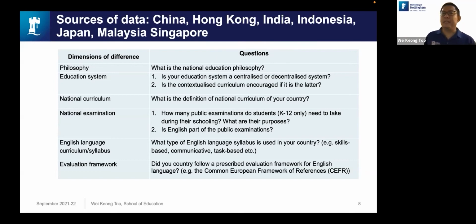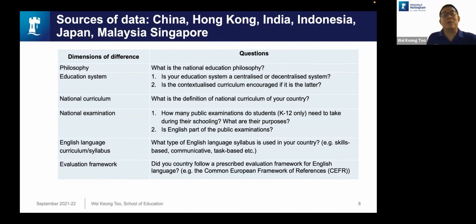First, definitely we need to look at the philosophy, the national philosophy, and how it is translated into curriculum, because it will dictate how the ecology in the classroom will be, because the purpose of education is for human capital development. So therefore, we can't run away from philosophy.